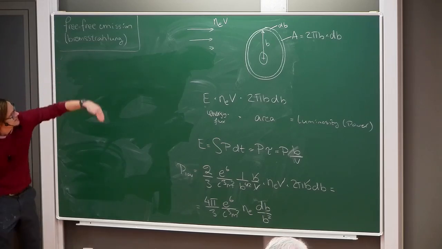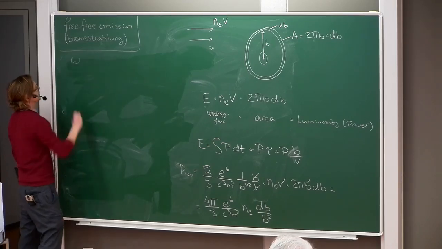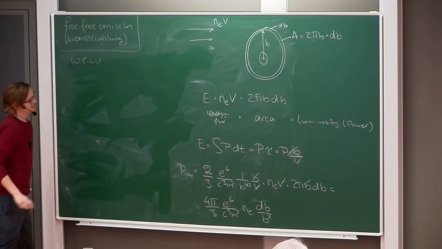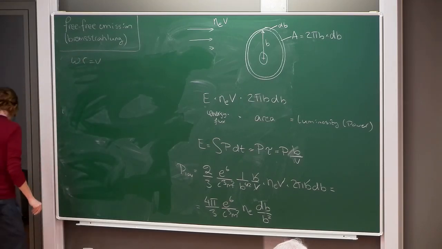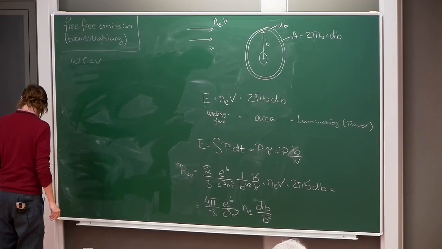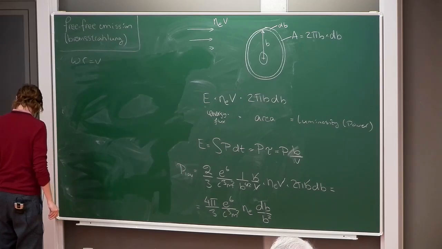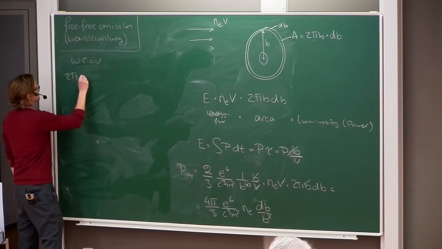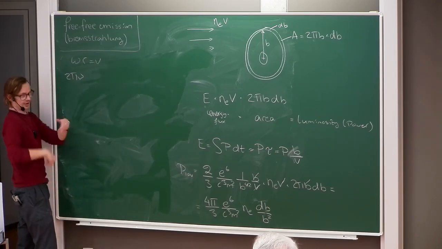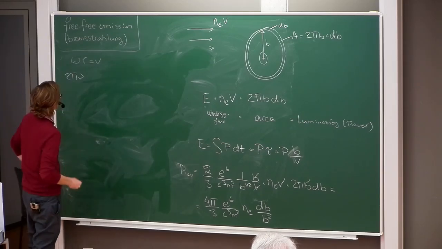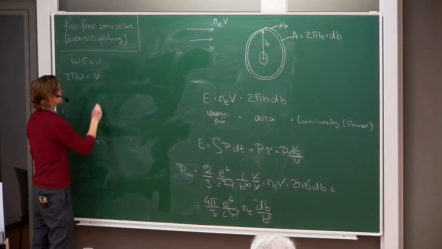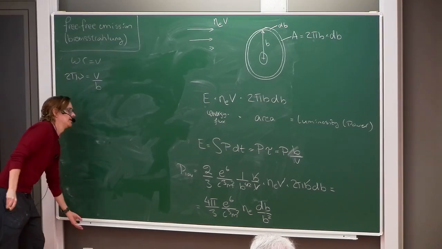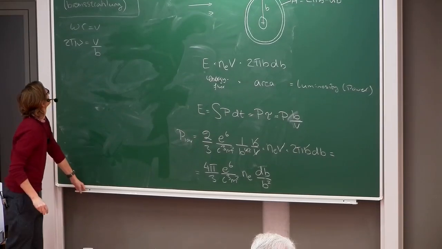So if we again have the deviation, then the angular frequency times the radius, we know it's the velocity. Meaning that 2 pi times the frequency, if we prefer to work in our ordinary frequency space instead of angular frequency, is going to be the velocity divided by b. Okay? Where b is our impact parameter.